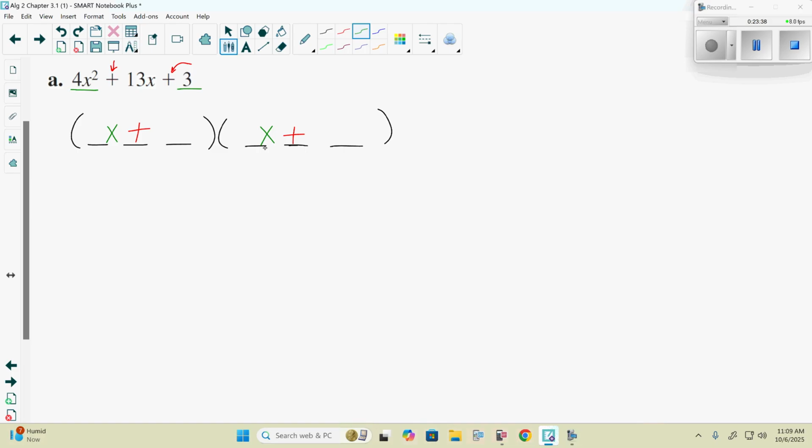I am always of the mindset, less unnecessary work, the better. Because we could come over here and say 4x squared. And the first one would be 1x times 4x. The other factors of 4x squared would be 2x and 2x.